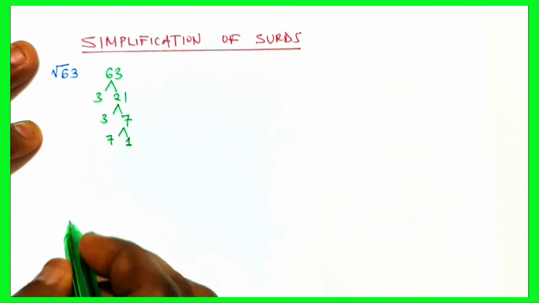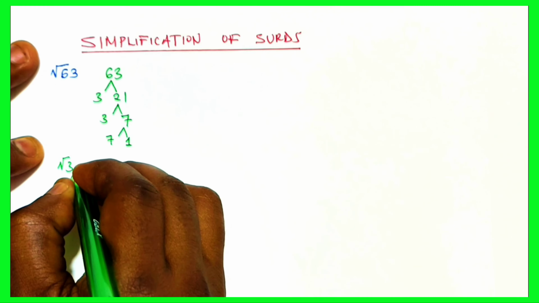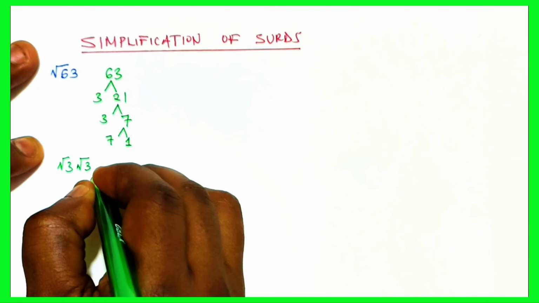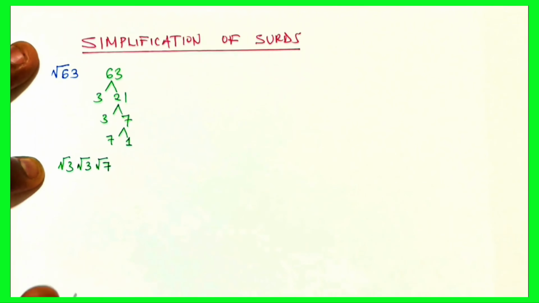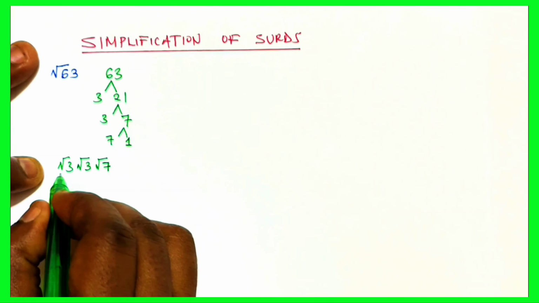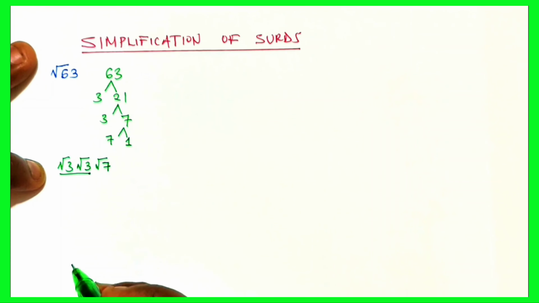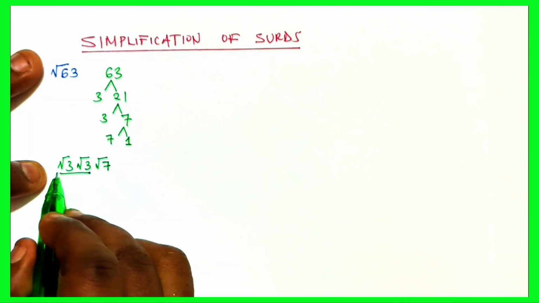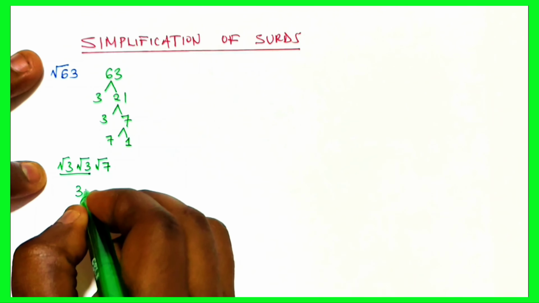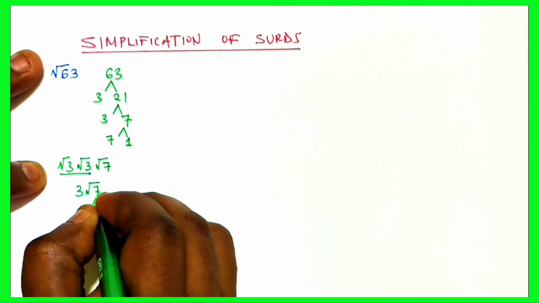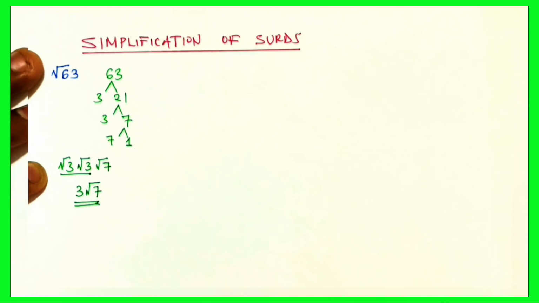Therefore, root 63 can be written as root 3 multiplied by root 3 multiplied by root 7. Since a root multiplied by itself gives a rational number, root 3 multiplied by root 3 is simply 3, and then we consider root 7. This is the simplification of this surd.